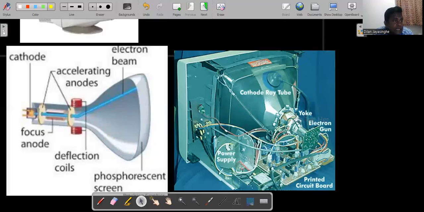They are arranging as electron beam. When the generated electrons are passing through a special electron gun, they are arranging as electron beams. Beams, right? Electron beams.